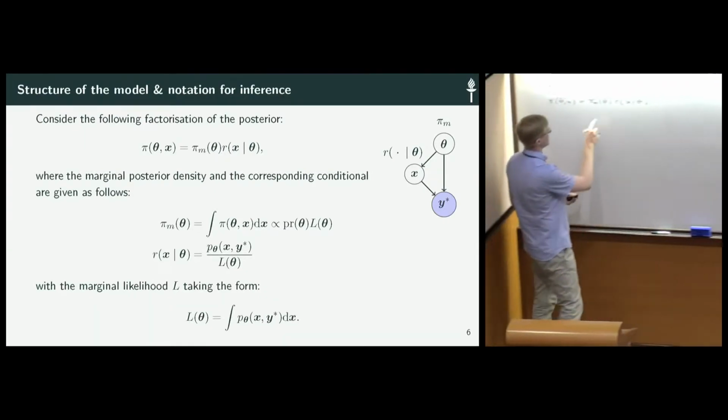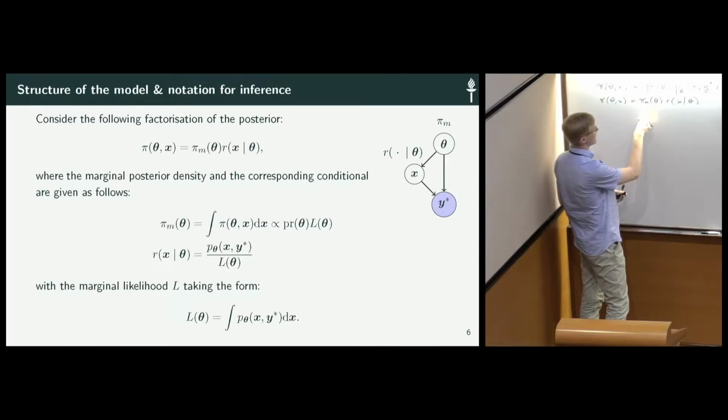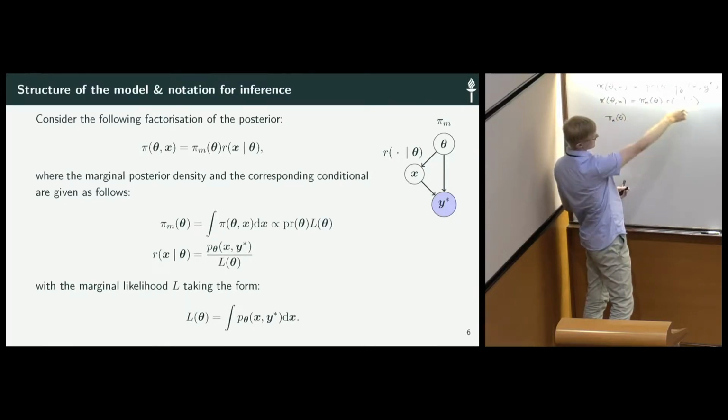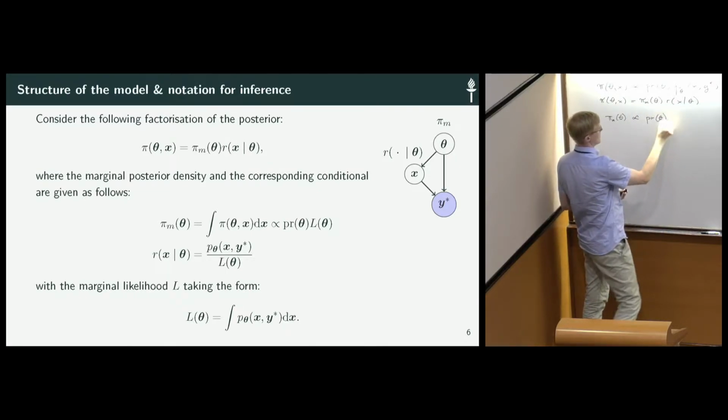And then, if you think about it, what's the marginal here? The marginal is just an integral of that, so it's proportional to an integral of that, and this comes out of the integral.